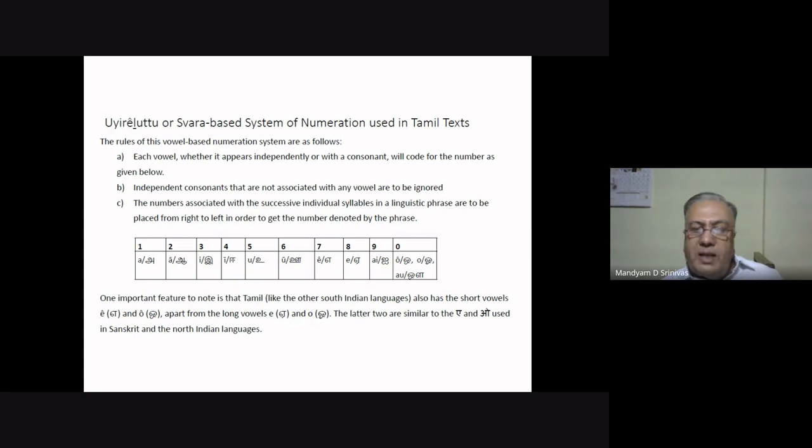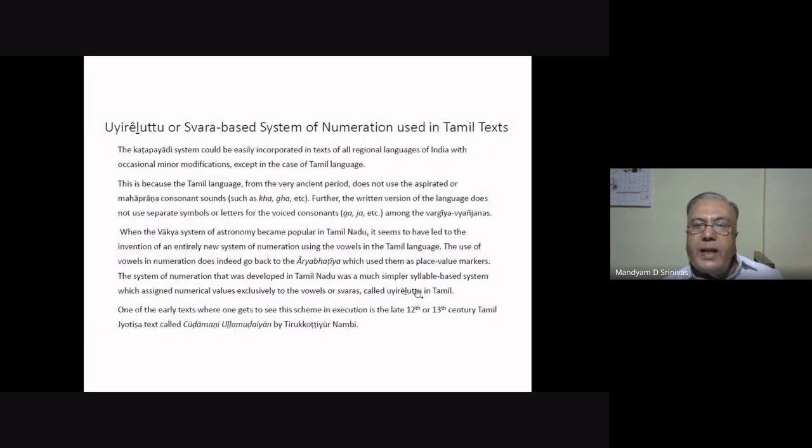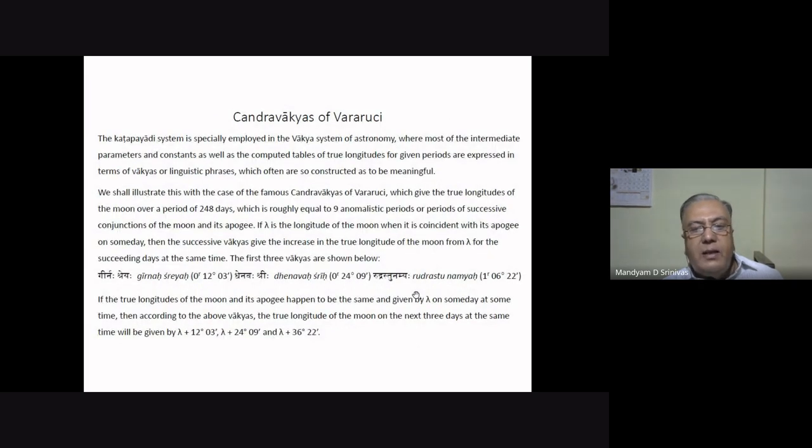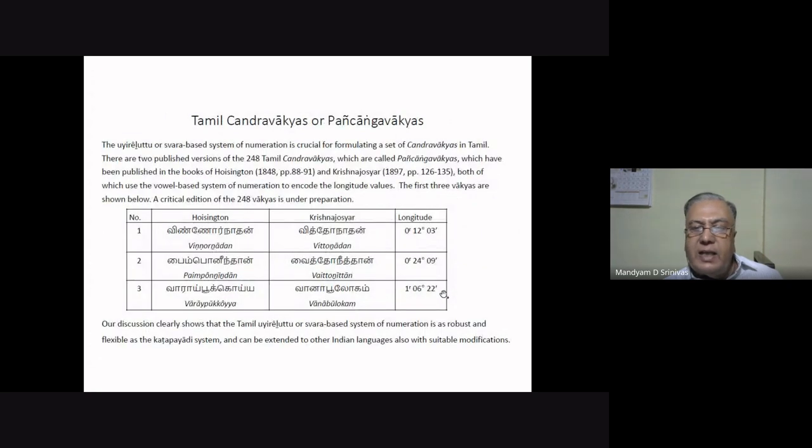And Tirukoti Nambi himself is reproducing what is there in Sanskrit books. So what is that Sanskrit book also? We don't know. But the Tamil tradition did come up with a version of Katapayadi and used it very beautifully in devising Chandravakyas and all these things. This is something all of us should be aware of and be very proud of.